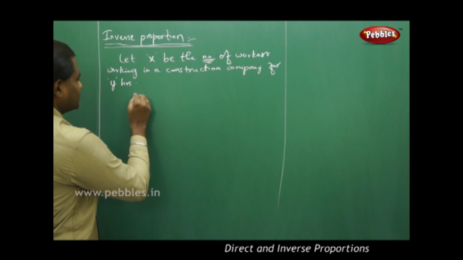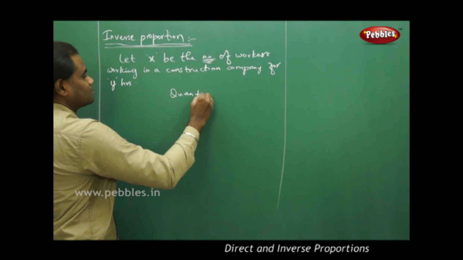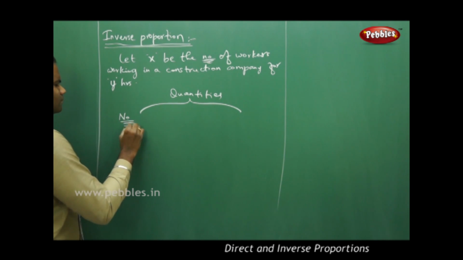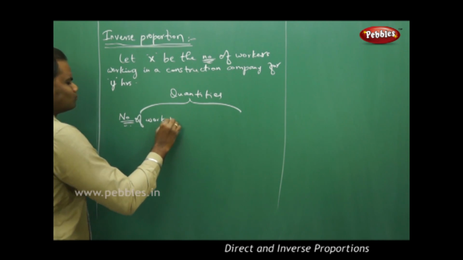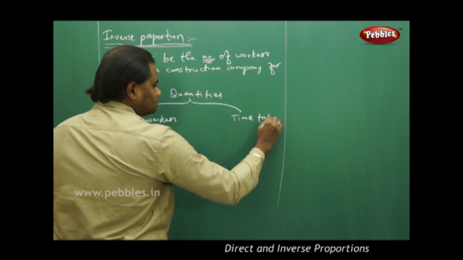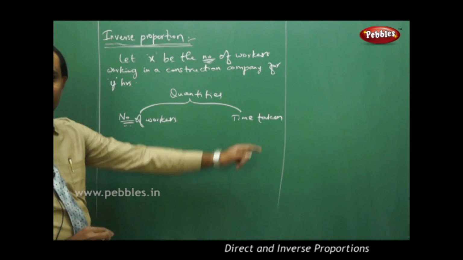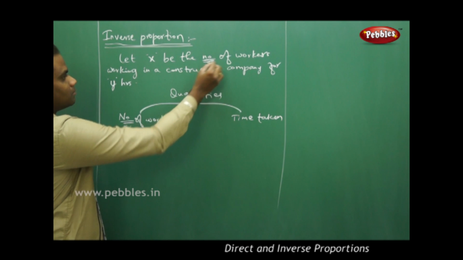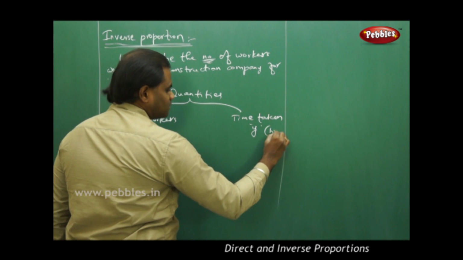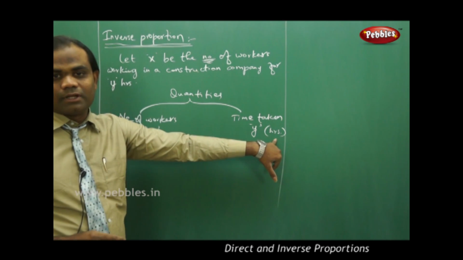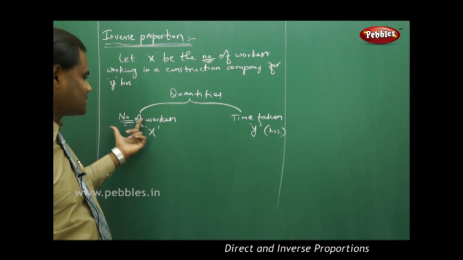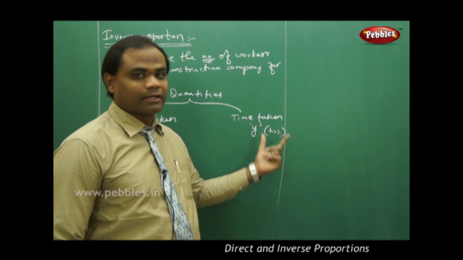So when I take the quantities here, I have the number of workers working in the construction company and the time taken by them in completing the given task. So here the number of workers, let me take it as X, and time taken, let me take it as Y, assumed in hours. So I identify the quantity X as number of workers, the other quantity Y as time taken in hours.